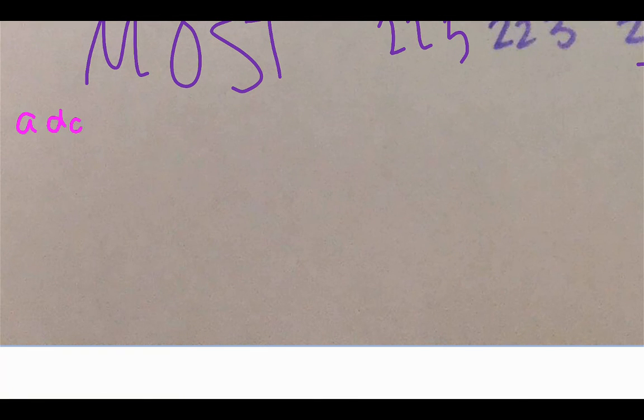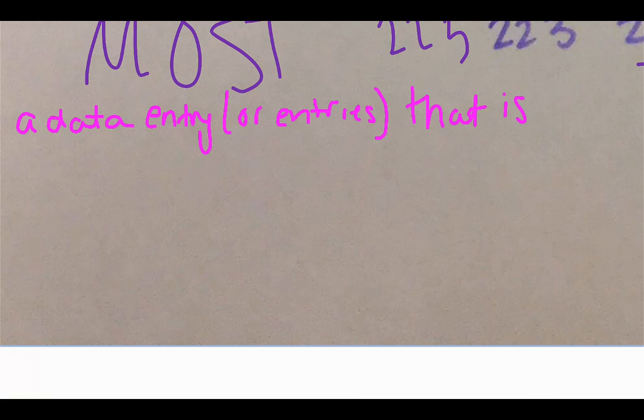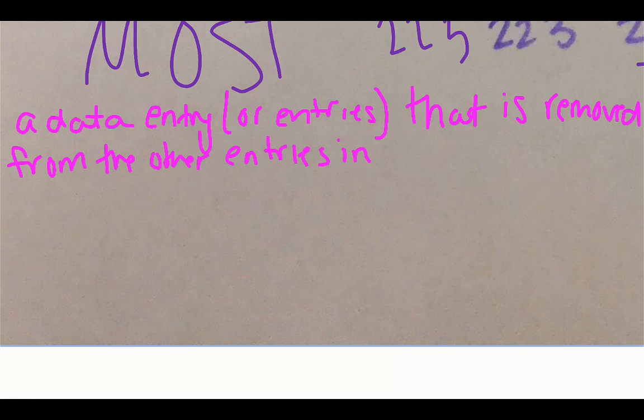So this is a data entry or entries that is removed from the other entries, far apart from or very different than the others in the data set.